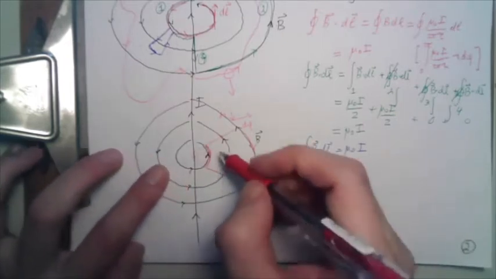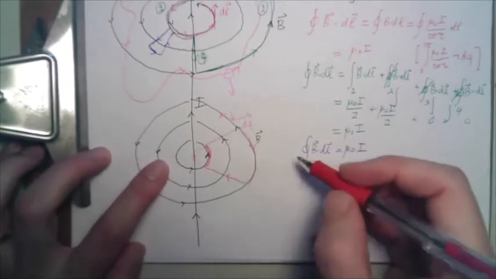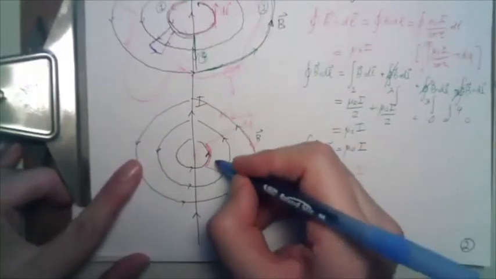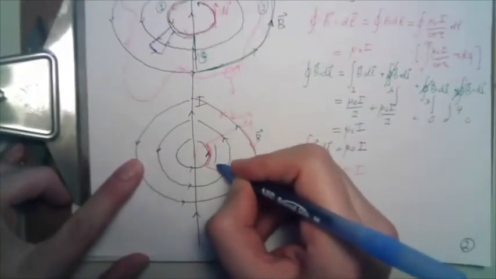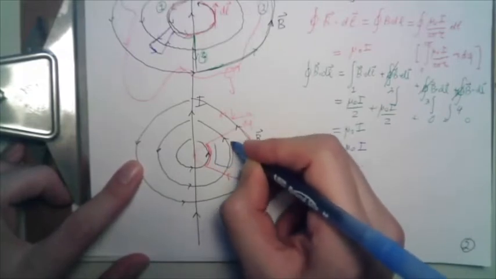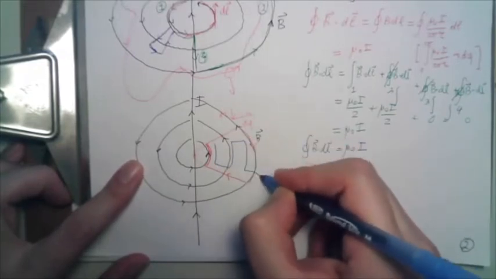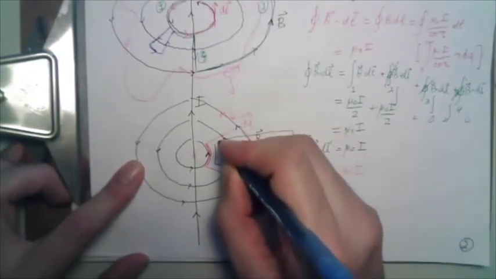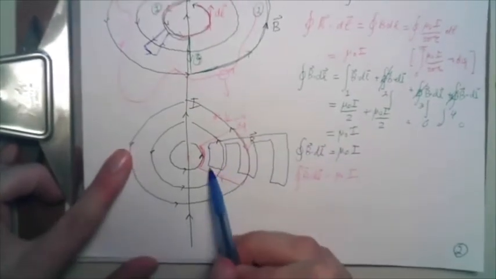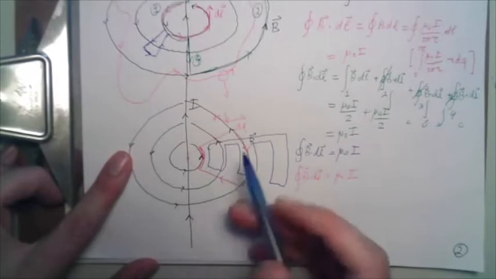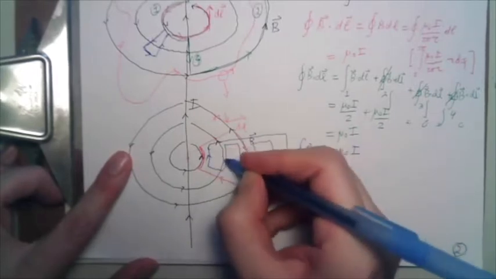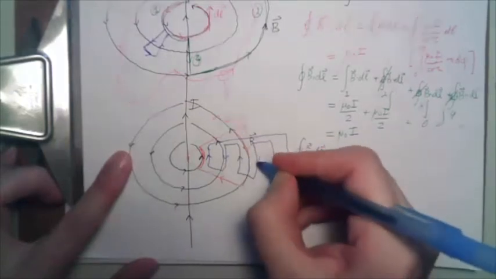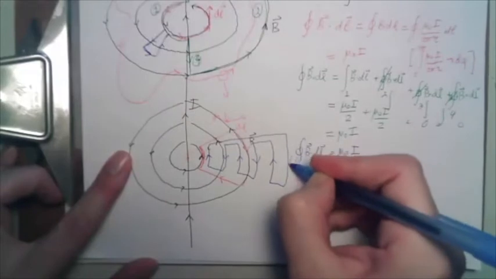So let me give you an example of a path that would still give you 0, but looks a little bit different. Let me give you one like this, and we come back here. All right, so this is still 0, and I need to make sure that I don't mix up my directions.